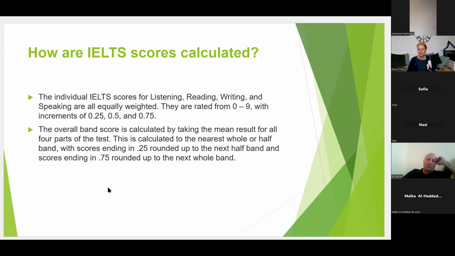Fortunately, they have started doing a single subject retake at many centers. So if you've got, say, 7s and 7.5s in everything, but you got a 6.5 on one, and they want everything to be at the 7, you can retake the one that was too low. There is a charge for that as well, but it is possible.